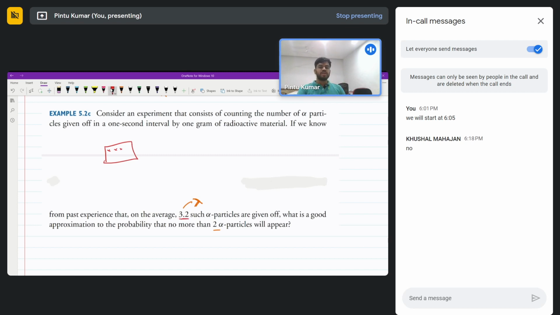If 3.2 is the average number of alpha particles being emitted, the probability of one particular atom getting emitted would be 3.2 by n. So again your n is very large, and your probability is very small. So if you use the Poisson distribution, you will get a very good estimate.